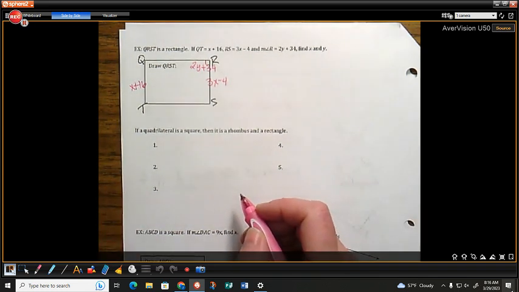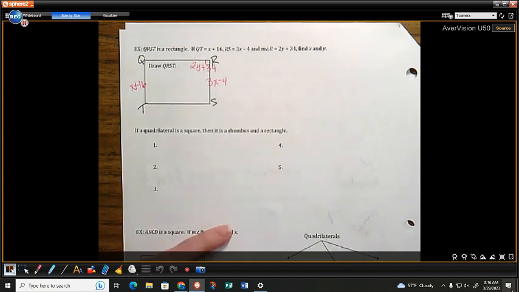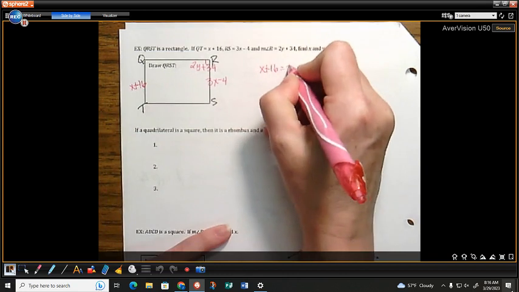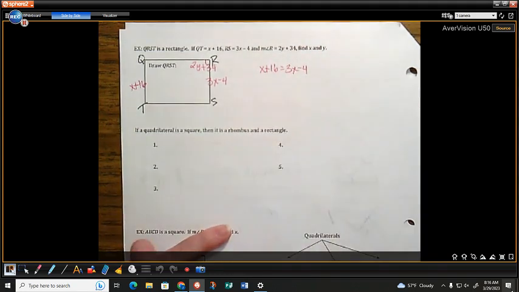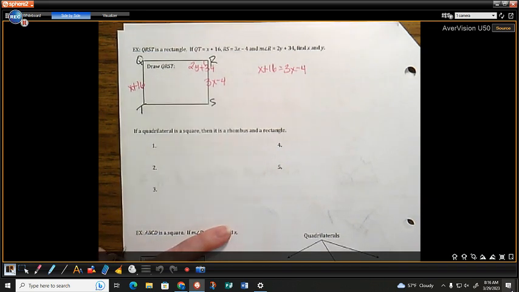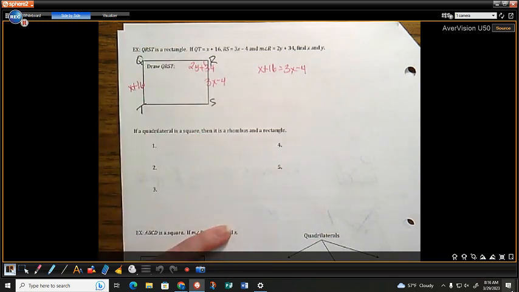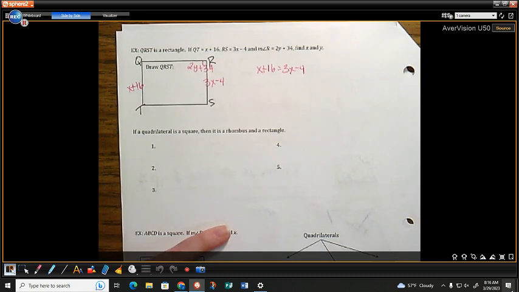What's something I can set up here? There's multiple options. x plus 16 equals 3x minus 4. How do you know that? Because the opposite sides are congruent. How do you know that? Because it's a parallelogram. But it said it was a rectangle. A rectangle is a parallelogram.